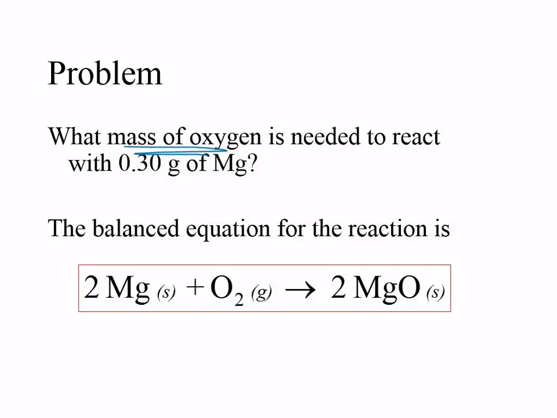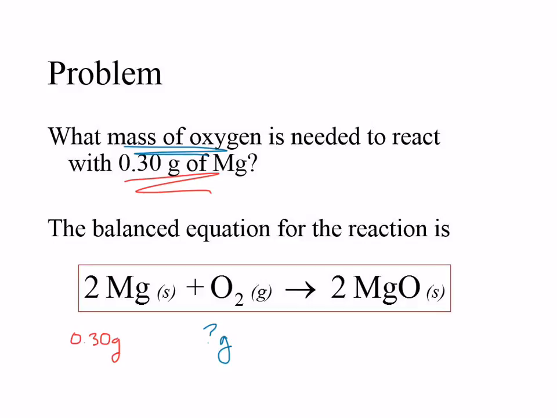So what mass of oxygen, question mark, grams now of oxygen is needed to react with 0.30 grams of magnesium? Okay? So we want to go from 0.30 grams of magnesium to so many moles of O2. We can do that. Just a minute ago, we went from moles of Mg to moles of O2. Now we wanted to go from grams of Mg to grams of O2.